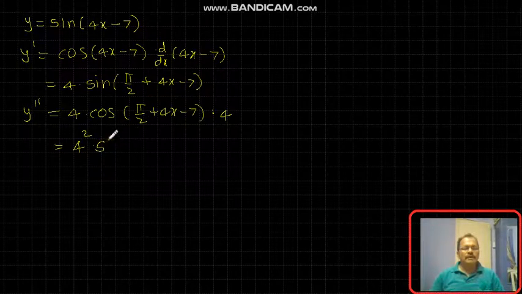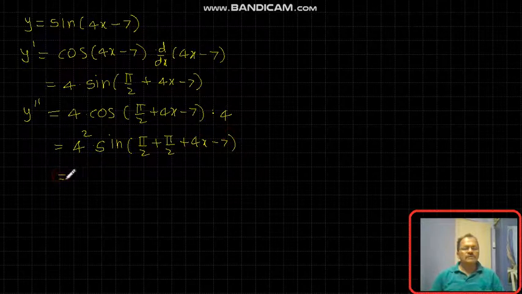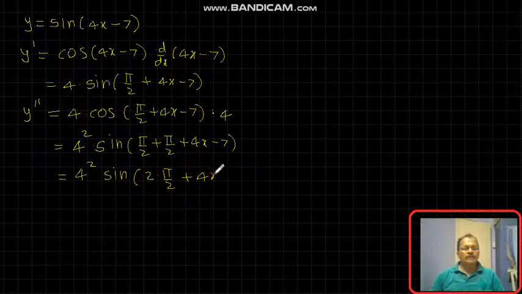So I get here sin(π/2 + π/2 + 4x − 7). So the second derivative is 4² sin(2·π/2 + 4x − 7).